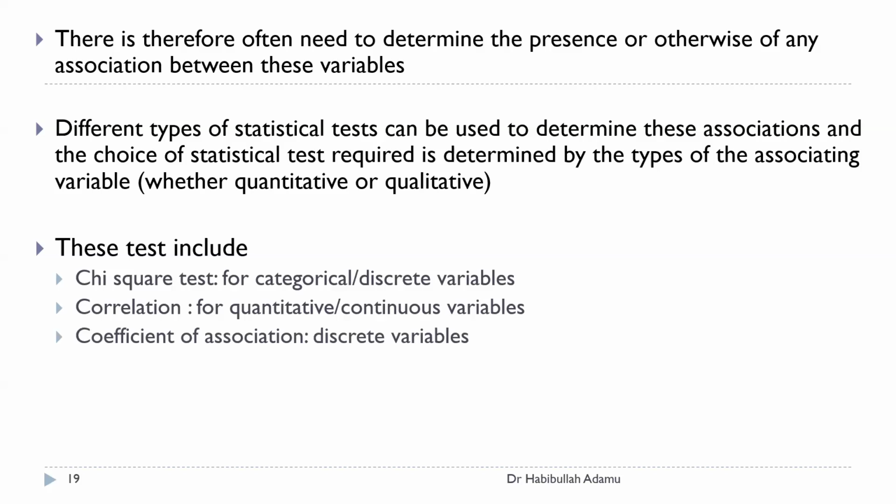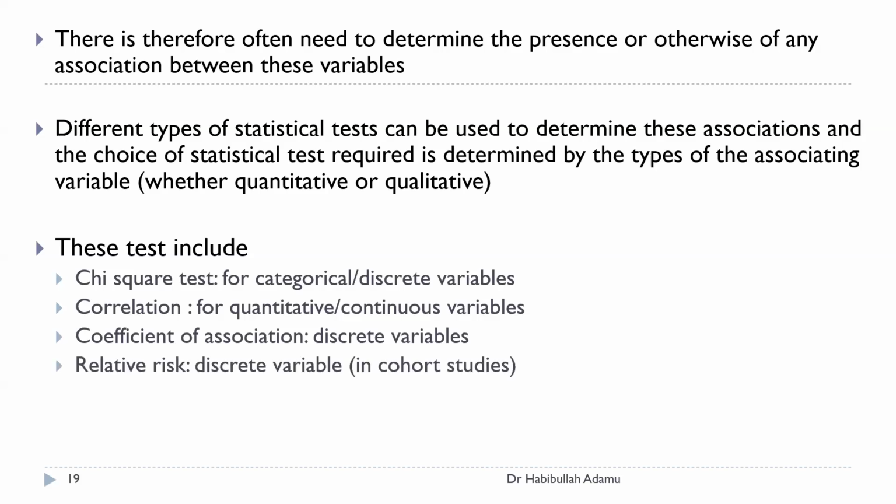So there is also coefficient of association. If you have variables that are discrete in number, those that are in frequencies, we describe discrete variables as those that take only whole numbers. So if you have variables that are discrete in number and you want to know whether there is association between them, you can use coefficient of association.